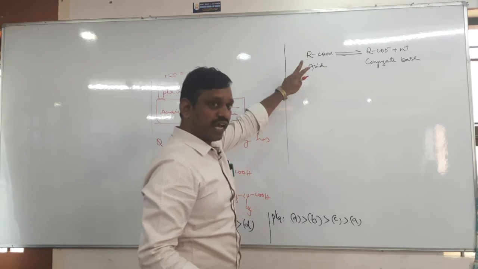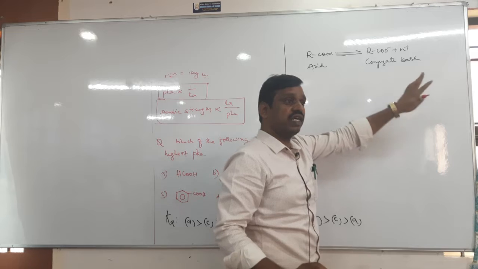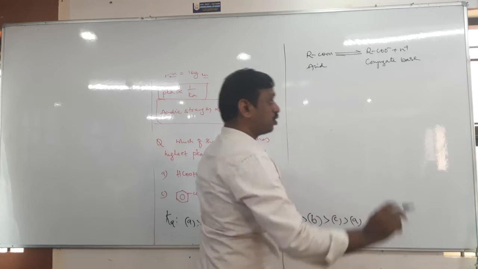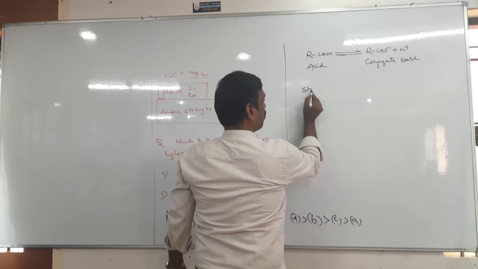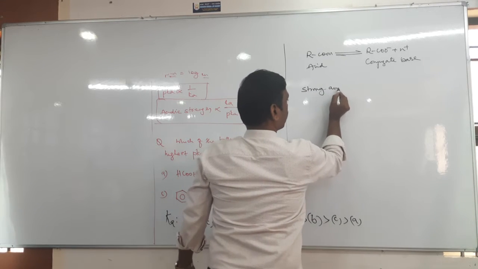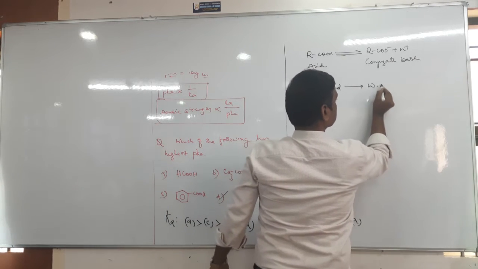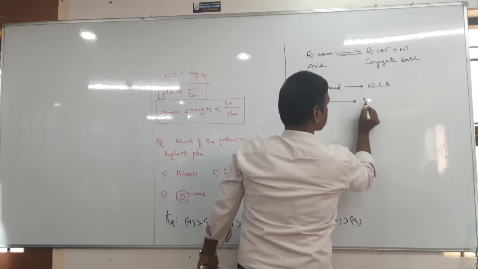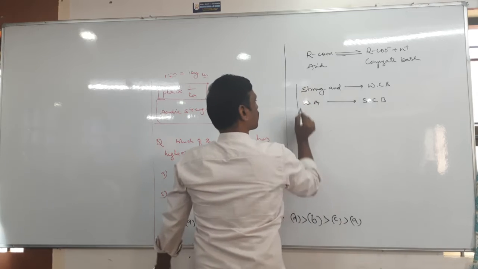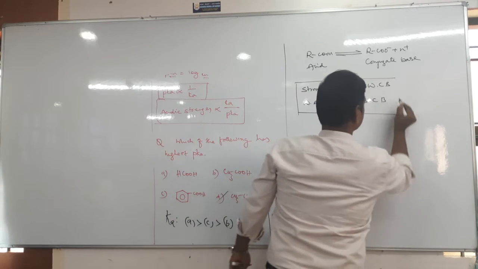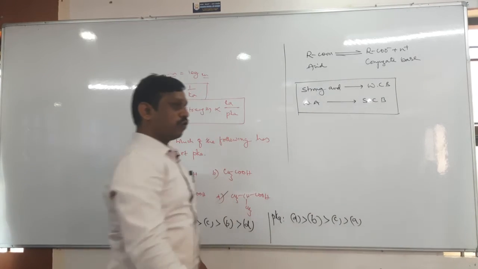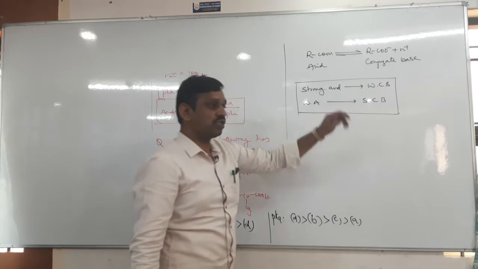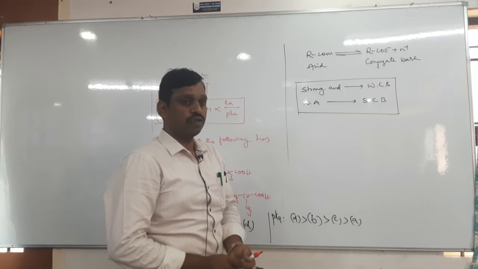Therefore, carboxylic acid is the acid, and carboxylate ion is its conjugate base. Then we also know that a strong acid always forms a weak conjugate base, and a weak acid always forms a strong conjugate base.